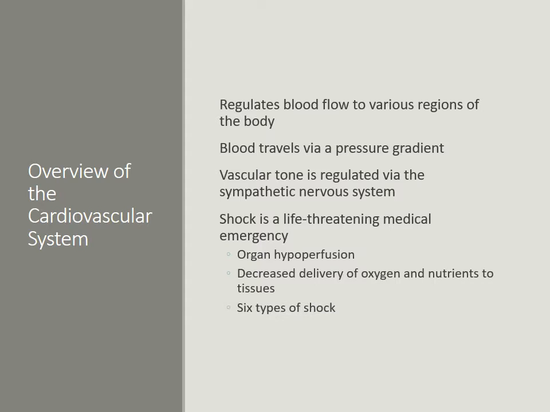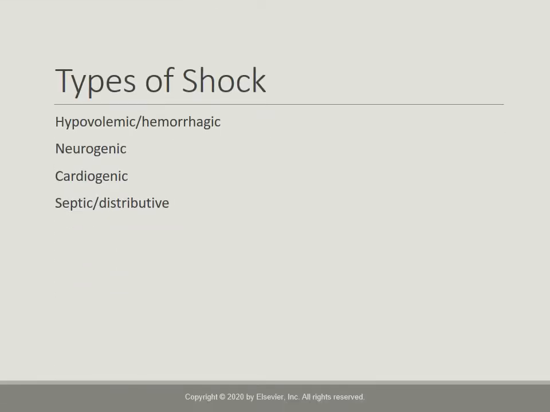There are four main types of shock, with several other categories of shock within those types of shock. We'll look at those now. Types of shock. Hypovolemic shock is the most common and is due to blood loss. This can be through hemorrhage or severe vomiting and diarrhea.